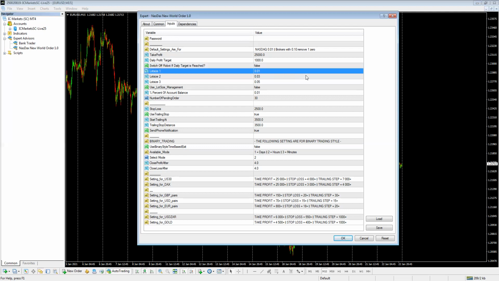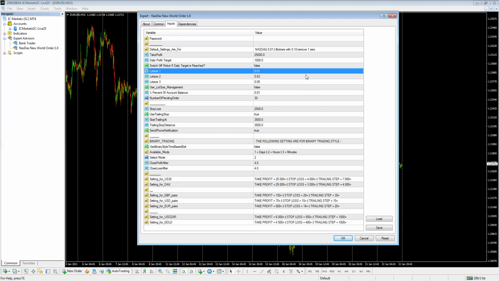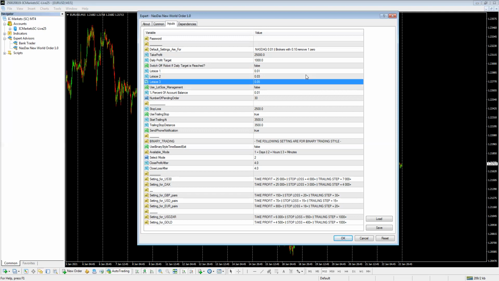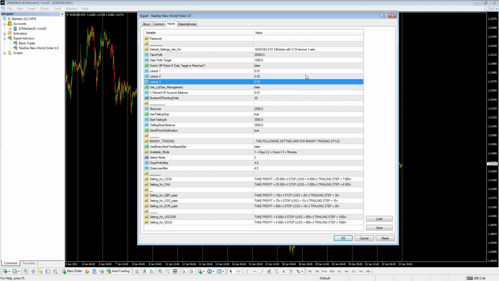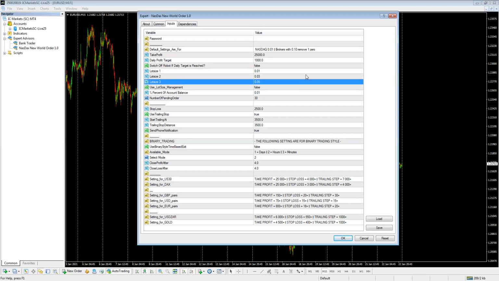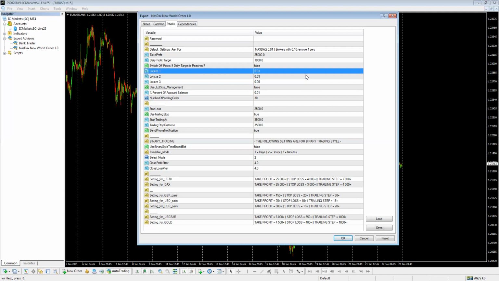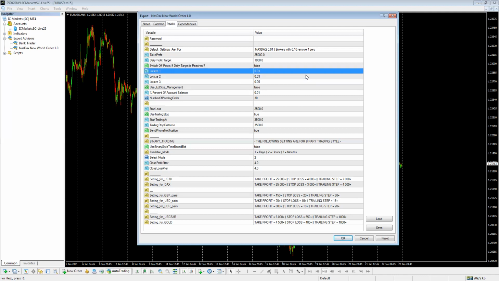Lot size: we have 3 different lot sizes set by default. If you wish, you can make all of these 3 lot sizes the same. But the reason we have them at different values is that each lot size gets opened when certain market conditions are reached.